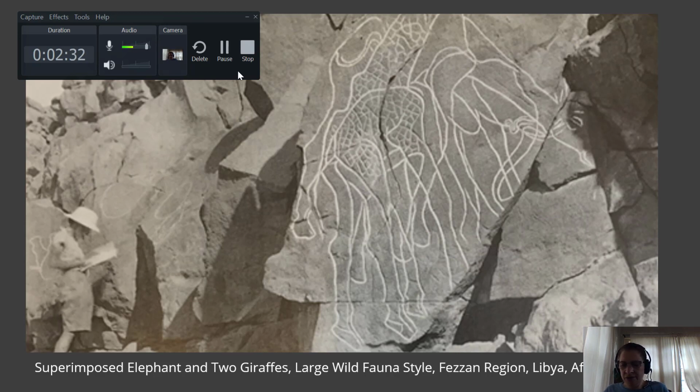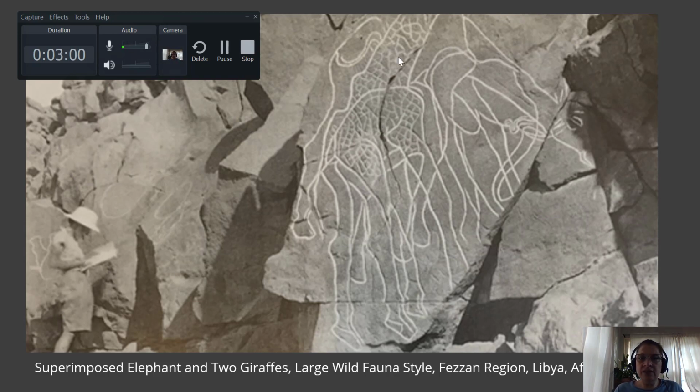This is a style of rock art from the Sahara called the large wild fauna style, and it's centered in an area known as the Fernandes region of southwestern, let's say, Libya. In this area, there are a number of very rugged plateaus, and it's in the rocks in these plateaus that we have images like this. These are incised, meaning that they're scratched directly into the rock, and you see the person here.